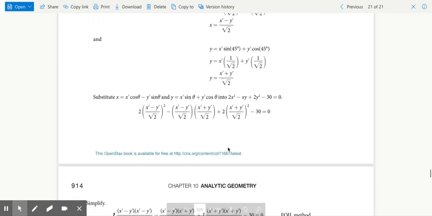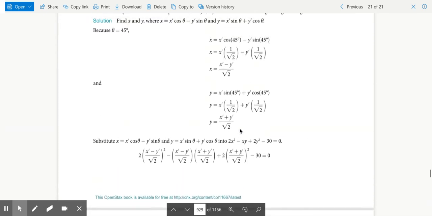Anyway, moving on. So now we have an expression for x and an expression for y. We're going to plug those into the original equation we were given. So we're given this equation, and we're going to plug in this for x and this for y.